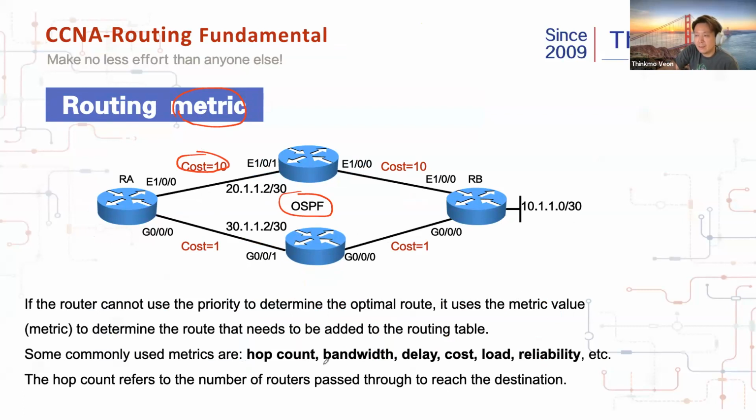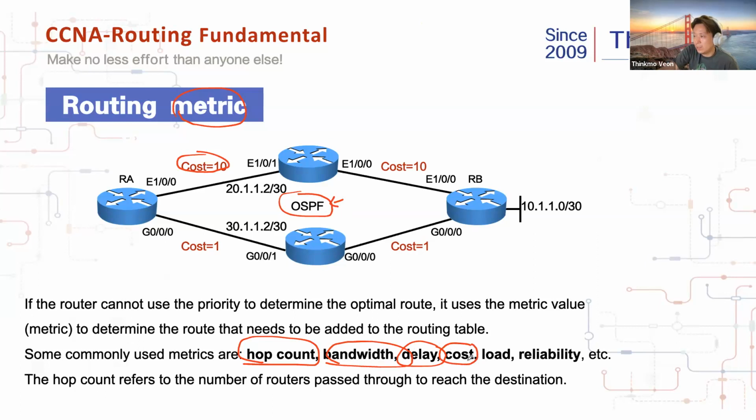Some other routing protocols, like, sorry, I don't know how to pronounce your name, but you just now mentioned RIP. RIP is using hop count as a metric, and bandwidth will be used by OSPF as well, and also EIGRP. And we have delay for EIGRP. Cost is mainly used by OSPF.